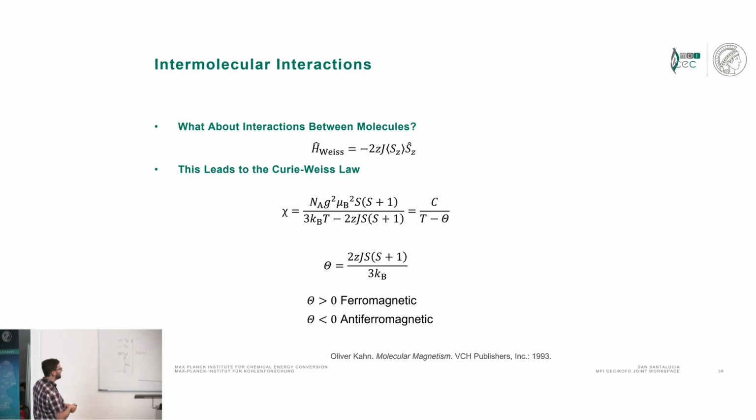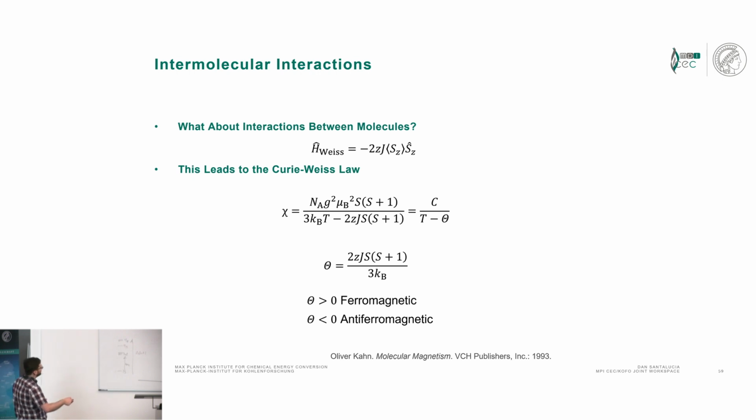So theta and 2zJ are equivalent ways to express a similar idea. But again, if I just look at this simple equation, a positive value is ferromagnetic coupling between molecules. A negative value is antiferromagnetic coupling between molecules. So not only can you have coupling within a molecule, that exchange can happen outside of molecules too. And that's what this accounts for.